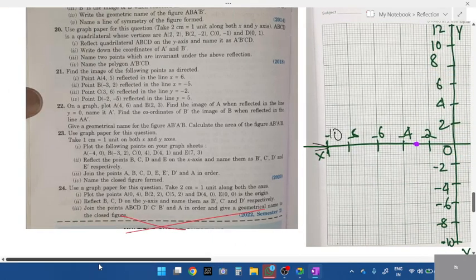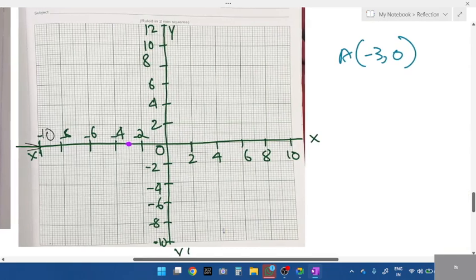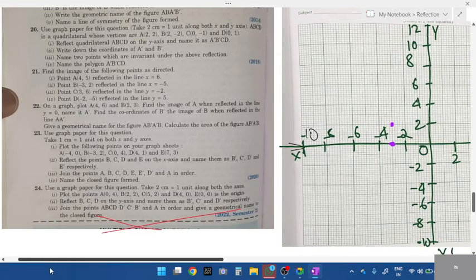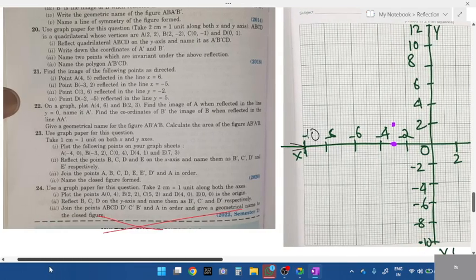Okay, next. B we have -3, -2. Where does -3, -2 lie, students? Which quadrant? What quadrant? Almost close. -3, -2. Next, 0, 4. 0, 4 in which axis?